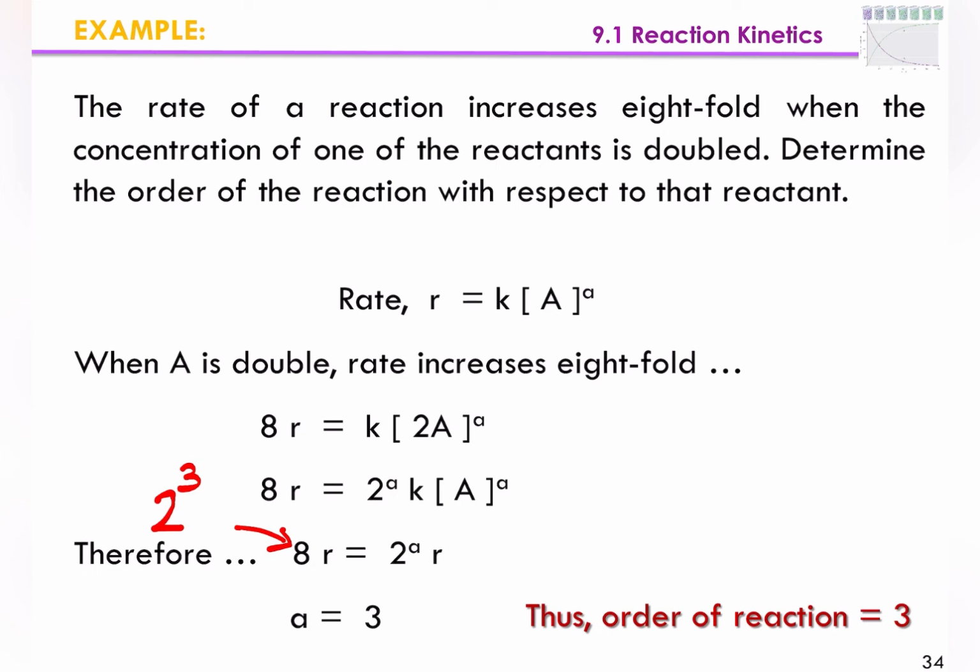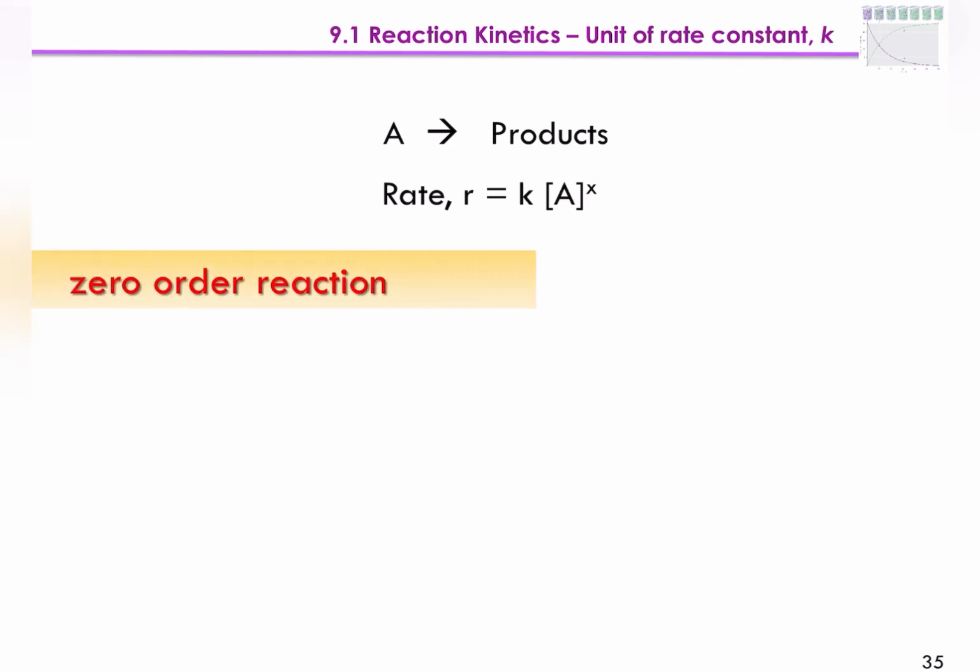The next part, I'm going to focus on the units for each order of reaction. We know that reactant A produces the products, so you have the expression for the rate law. If this is a zero order reaction, how do you determine the units for the rate constant?